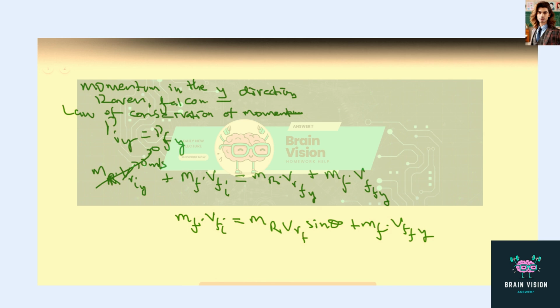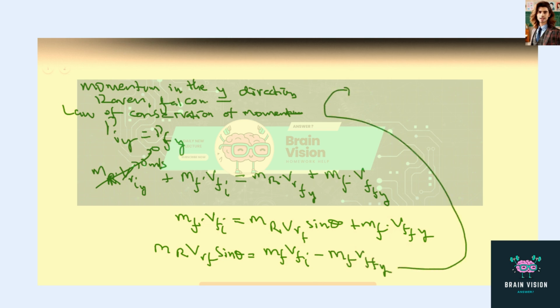That's the scenario we have at the moment, and our goal is to come up with an expression that helps us solve our problems. So this is just algebra: mr Vr final sine theta becomes equal to mf vf initial minus mf vf final.